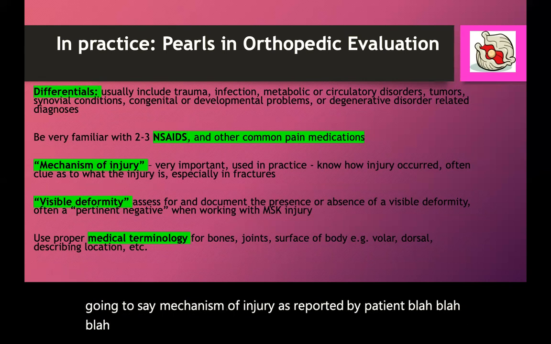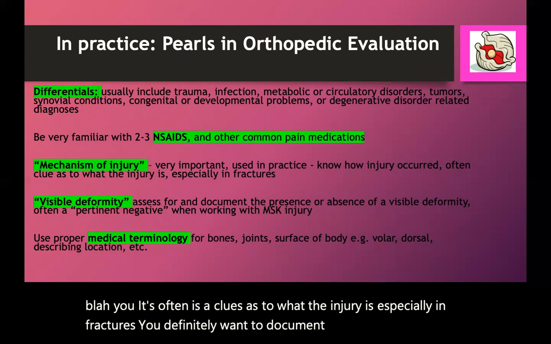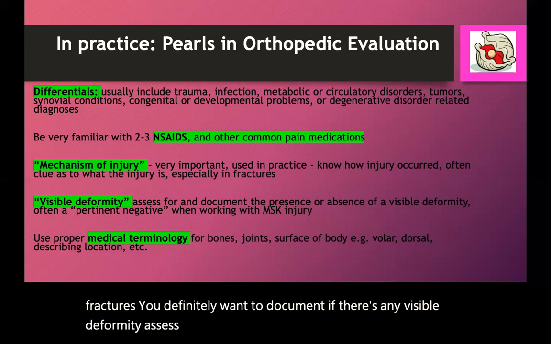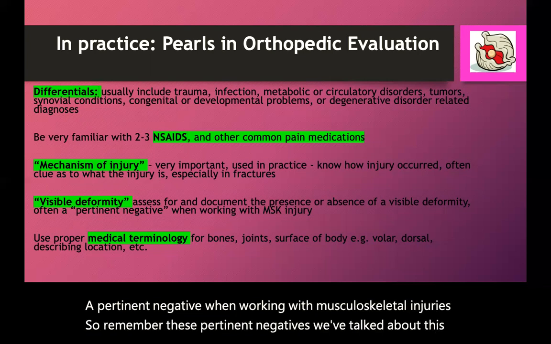It often provides clues as to what the injury is, especially in fractures. You definitely want to assess for and document the presence or absence of a visible deformity, often a pertinent negative when working with musculoskeletal injuries. So remember these pertinent negatives; we've talked about this before in terms of documentation.